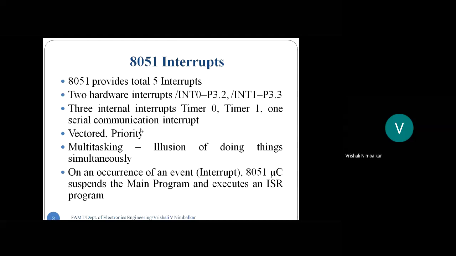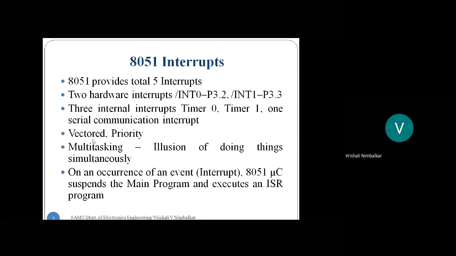But for transmission and reception, there is a single interrupt, called the serial communication interrupt. Timer 0 has a separate interrupt, timer 1 has a separate interrupt. So altogether 5 interrupts.